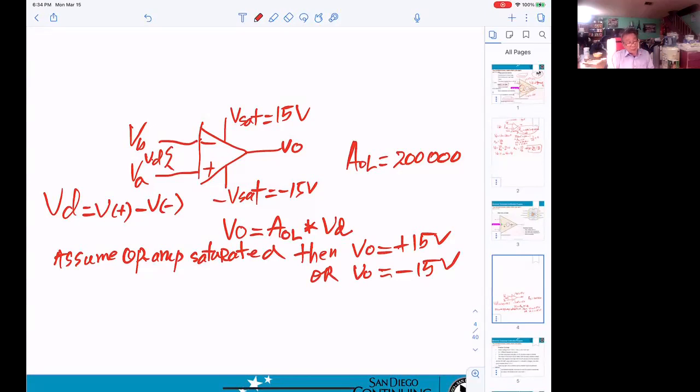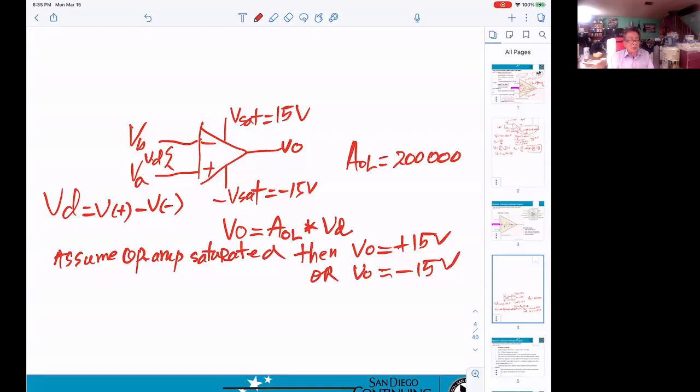We said the output cannot be higher than the power supply. They can be equal positive saturation or minus saturation voltage. So I said, okay, we assume they will be saturated.